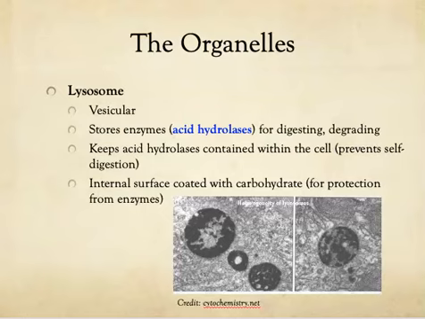It's the job of the lysosome to break down almost any biological molecule that comes into it. And the purpose of breaking it apart is to recycle the components of that biological molecule. So you can think about lysosomes maybe as being the kind of digester organelle that the cell has.